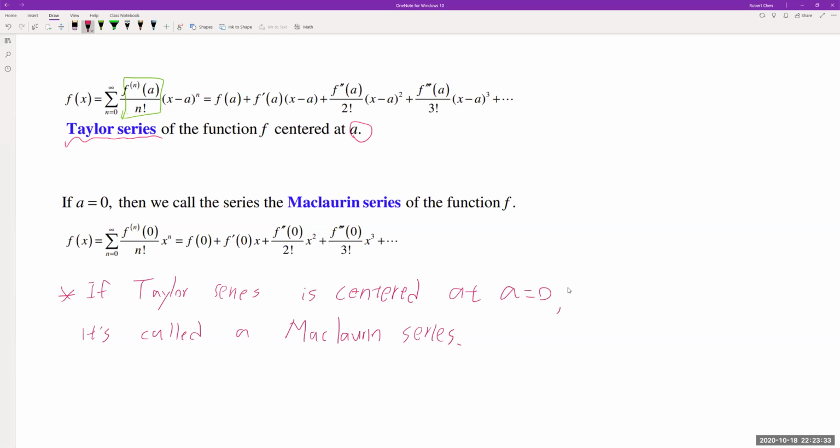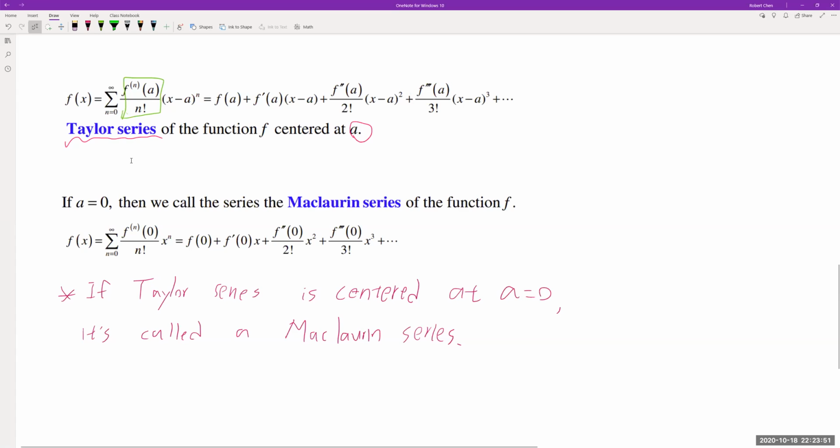So the Taylor series is the broader form of this type of series. You can be centered at any point on the real line, and the Maclaurin series is the specific name when it's centered at 0. Okay?